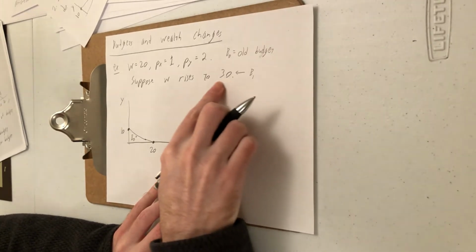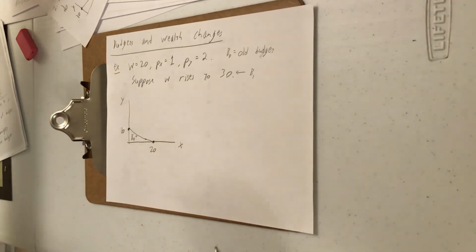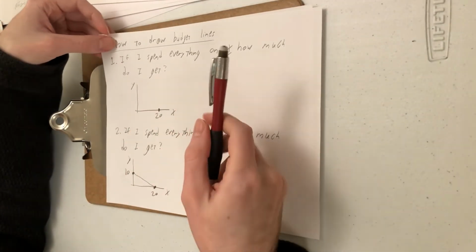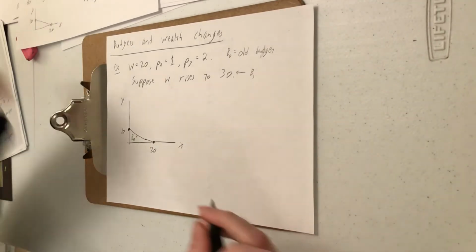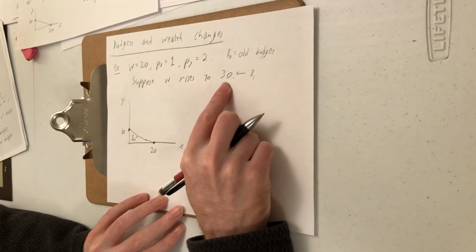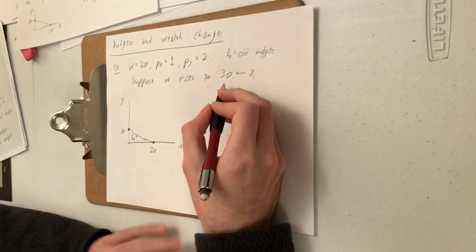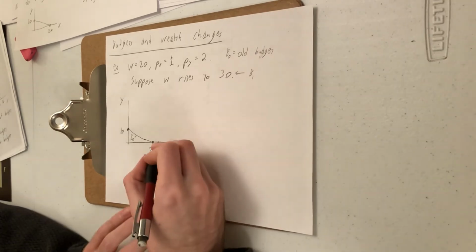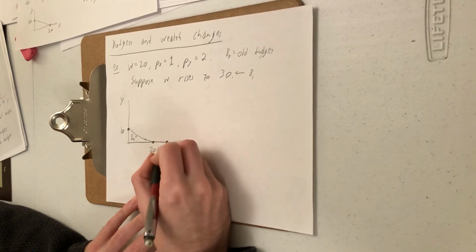So the new budget where we have $30, that's going to be B1. So first we asked ourselves, if I spend everything on X, how much do I get? The price of X is 1. I now have $30. So if I have $30 and the price is 1, I can buy as many as 30 units. So that's going to be out here.